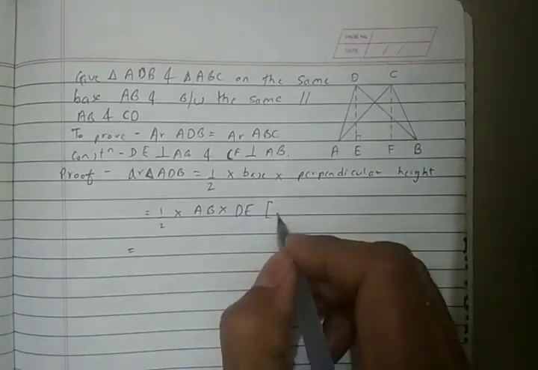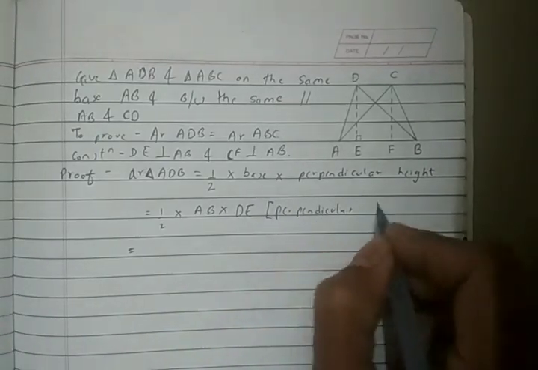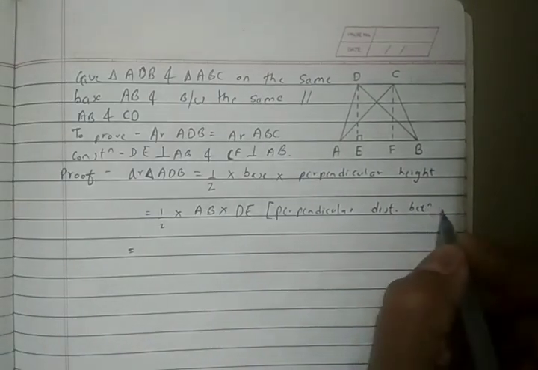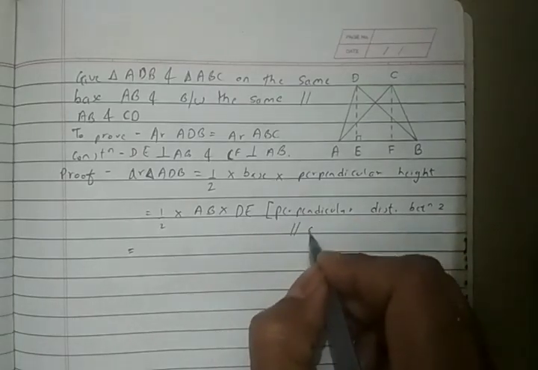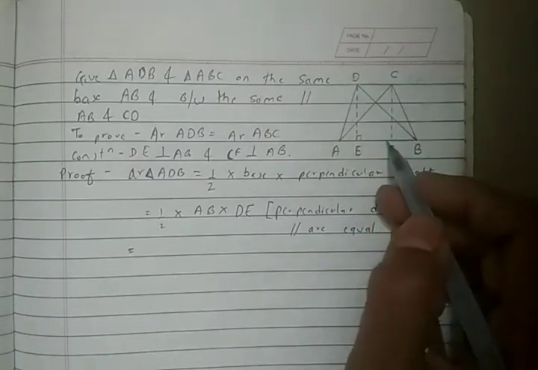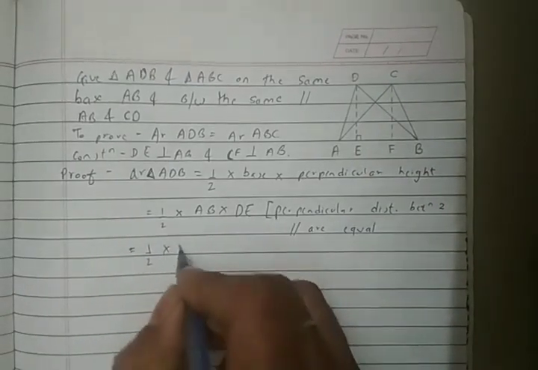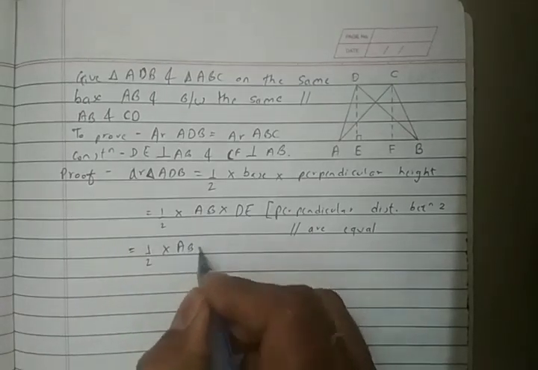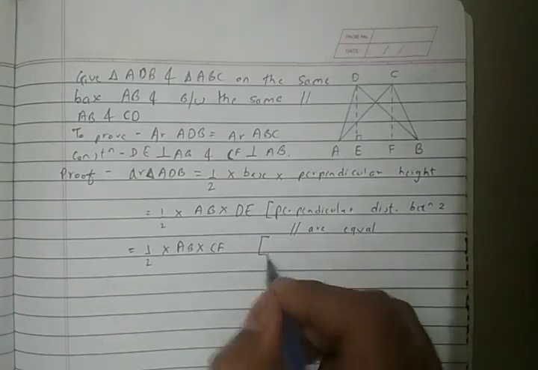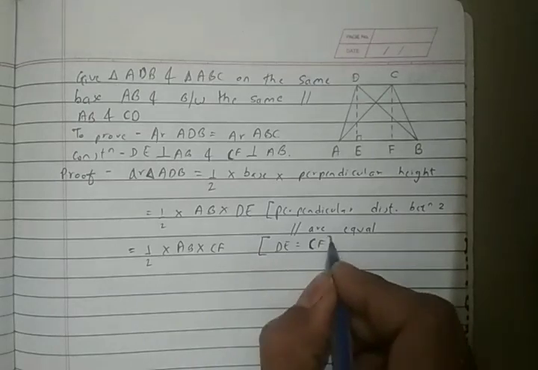You can write down perpendicular distance between two parallels are equal. That is, this distance is equal to this distance. So you can write down half of AB into CF, right? Because DE is equal to CF.